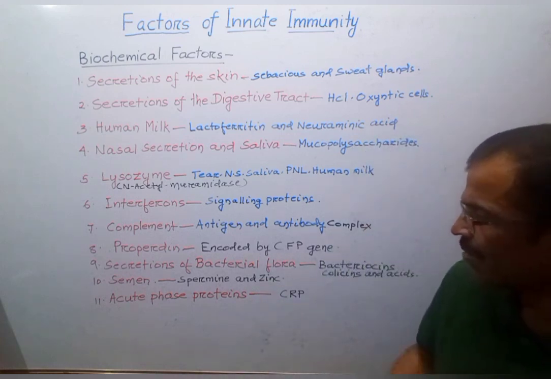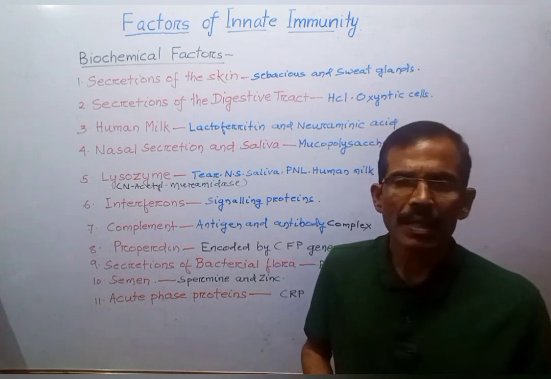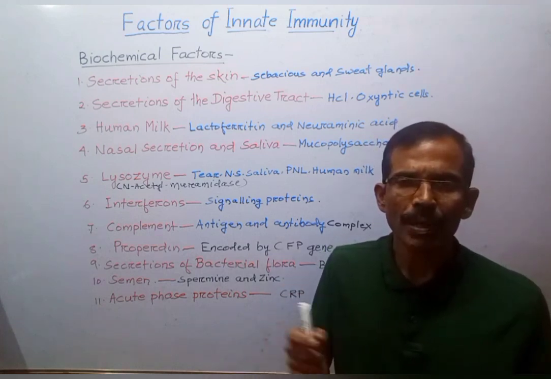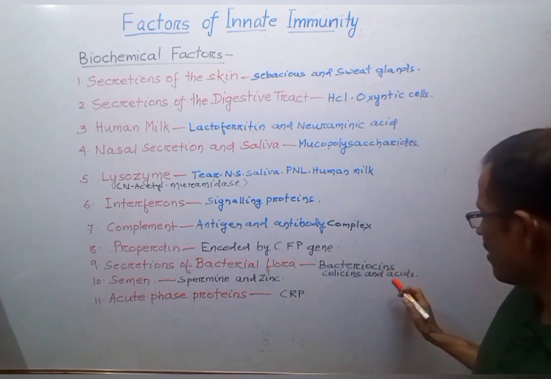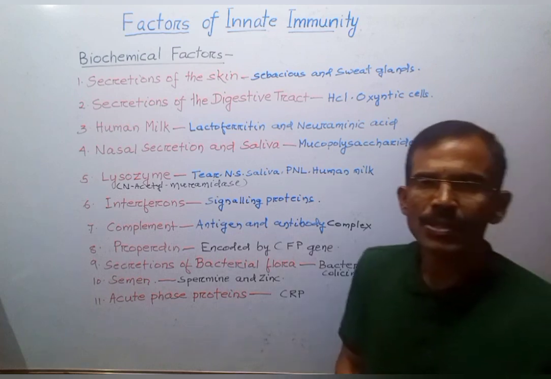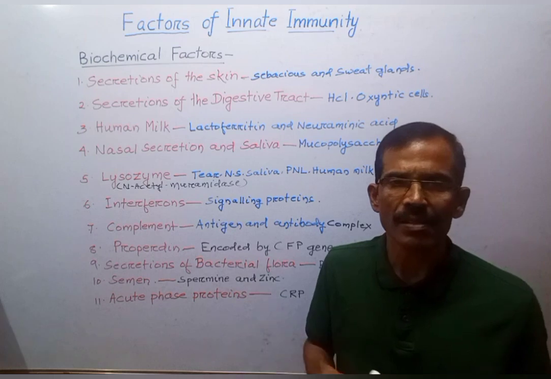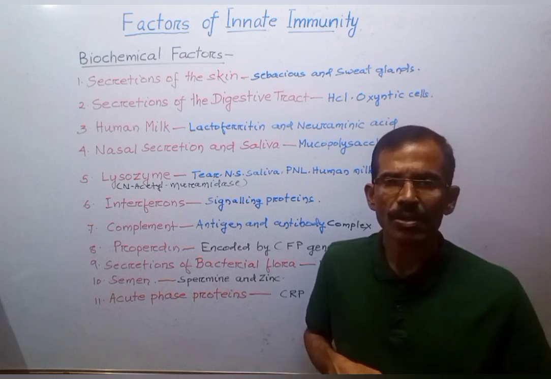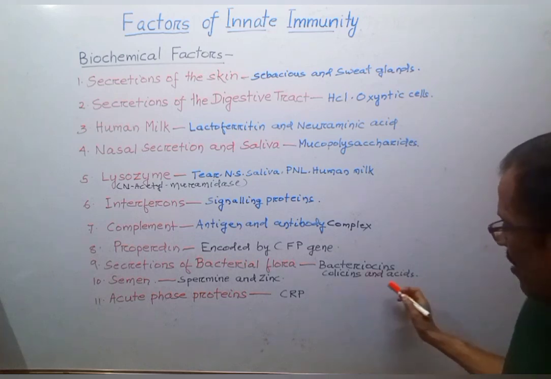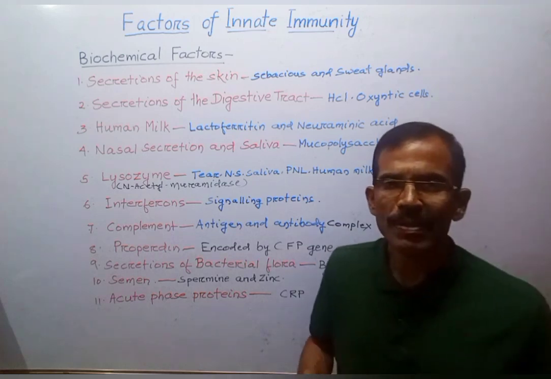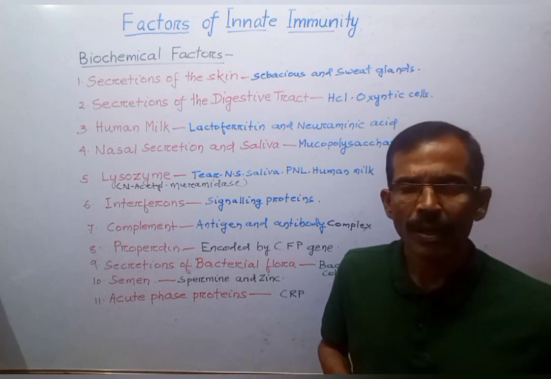Next factor is secretions of bacterial flora. Bacterial flora of the skin produce antimicrobial substances such as bacteriocins and acids. In addition, bacteria live in the human gut as commensals. These microorganisms also produce antibacterial substances such as colicins and acids, which prevent the entry of other microorganisms into the body.